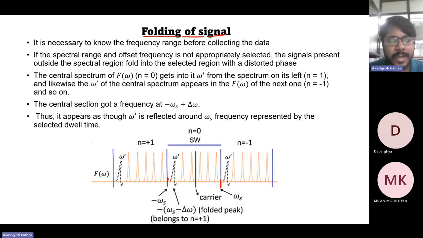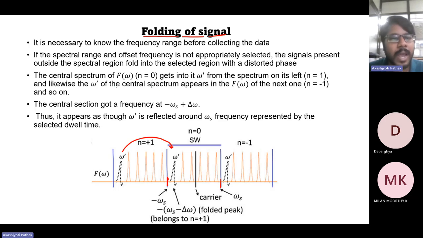And since the spectral width is not appropriately selected, it causes the omega dash frequency from the left side of the spectral width to fold back into the spectral width. And because of this, there is a misrepresentation of the frequency from the regions outside the spectral width. Okay. So there will be misrepresentation of the data.